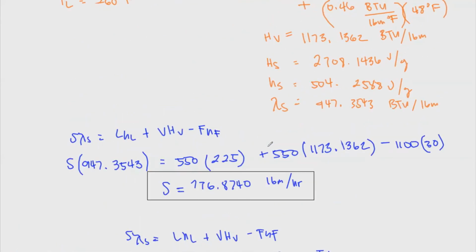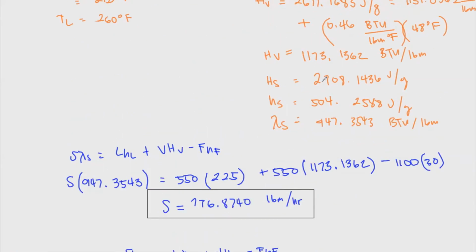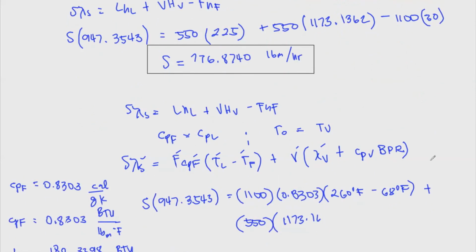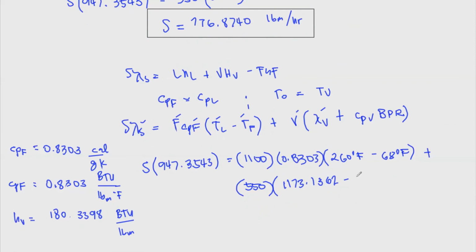So from our HV, we know that that's 1173.1362. Then we subtract this 180.3398 based on our Perry's handbook, and then we add the specific capacity of the vapor in English units, so that's 0.46, and then the boiling point rise is 48.